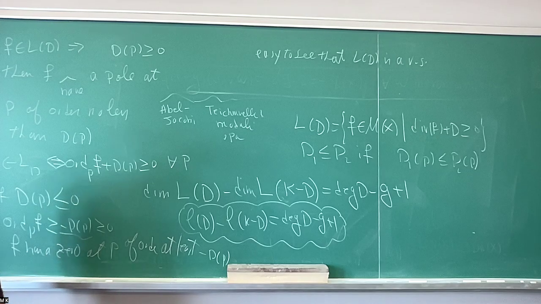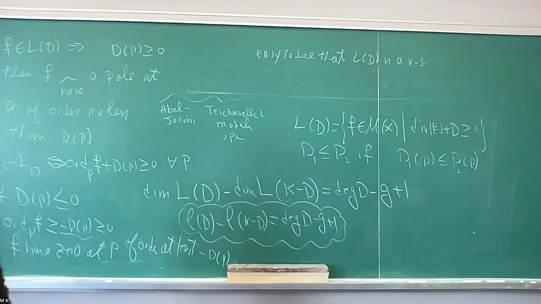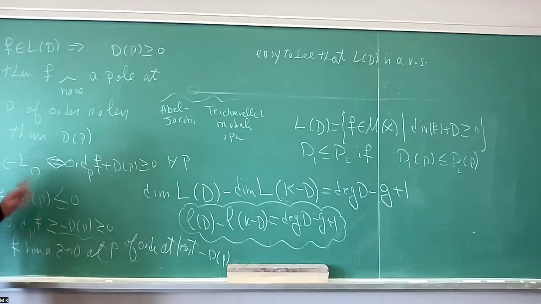So div f plus d is greater than or equal to 0, that's for all points in X. If little f belongs to L of d, the divisor of f plus d is greater than or equal to 0. That holds true as a statement about all the points in X. But this statement about zeros and poles is at a specific point P. I'm saying that points where d_p is positive and negative behave differently, they control the function differently.